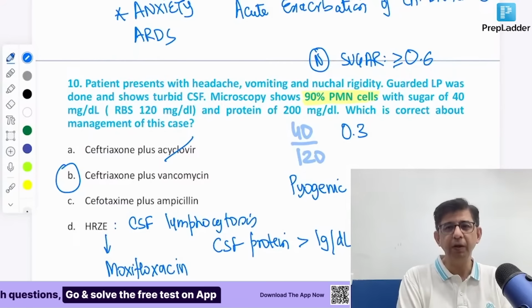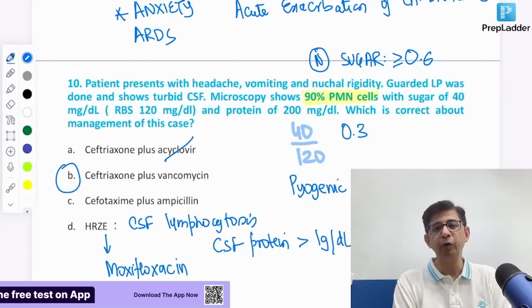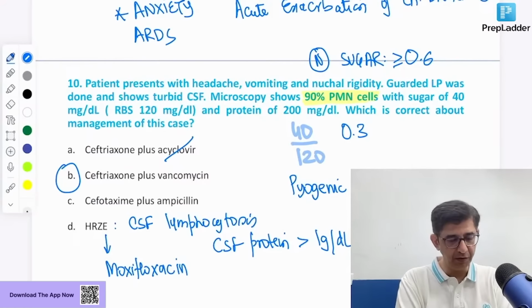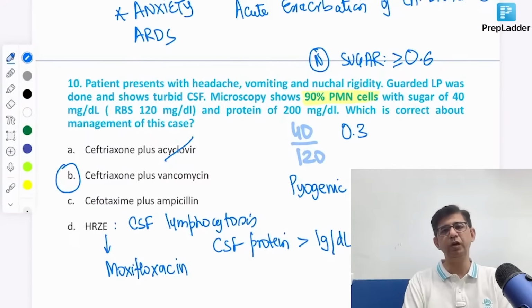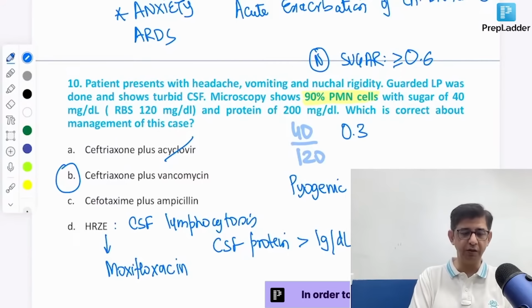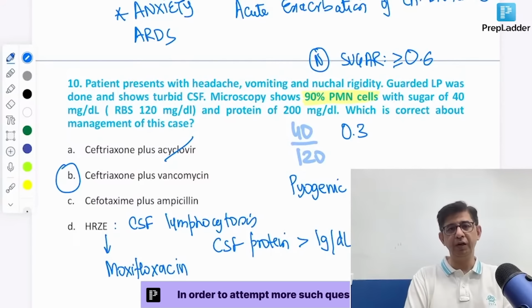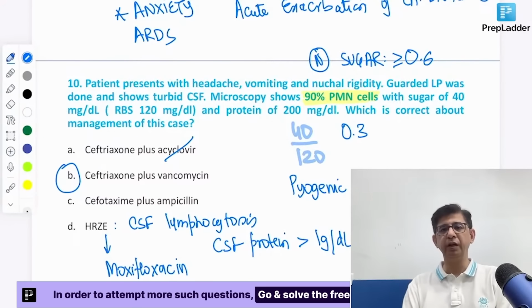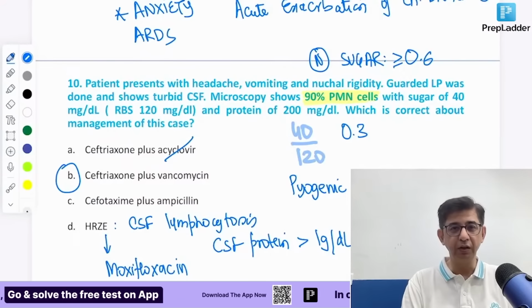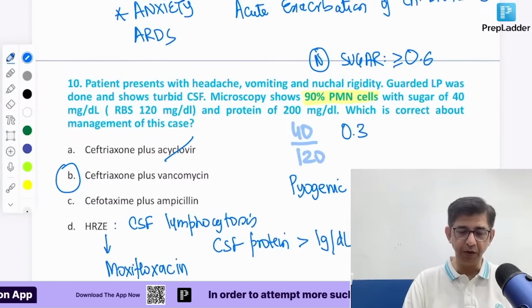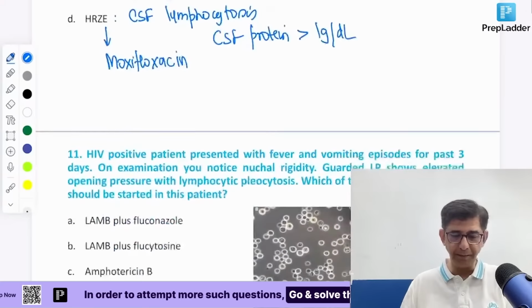Cobweb coagulum may not be given, but protein elevation is a very characteristic feature. Yes, pretomanid is being used and moxifloxacin is being used. There are two of them. The first is moxifloxacin, the second is pretomanid. These are two updates that have come. Center for Disease Control Atlanta is saying it, not the other one. So the answer for this question is option B, ceftriaxone and vancomycin.